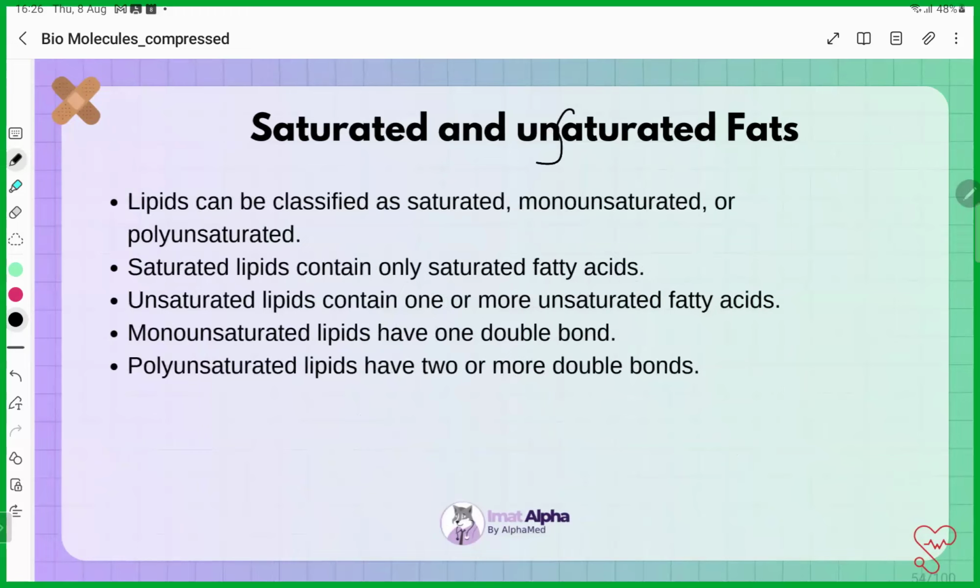Lipids can be classified as saturated, monounsaturated, or polyunsaturated. Saturated lipids contain only saturated fatty acids, meaning there are no double bonds. Unsaturated lipids contain one or more unsaturated fatty acids. Monounsaturated lipids have one double bond, and polyunsaturated have two or more double bonds, because mono means one and poly means more than one.